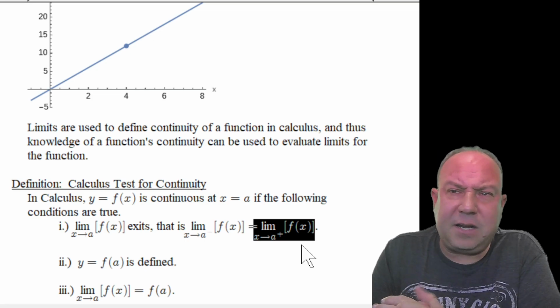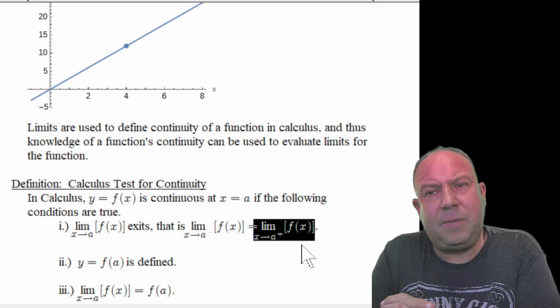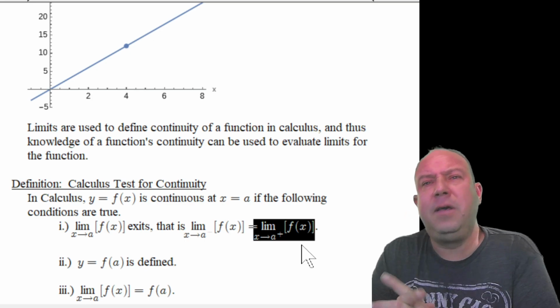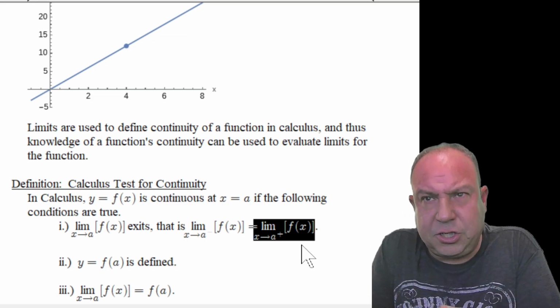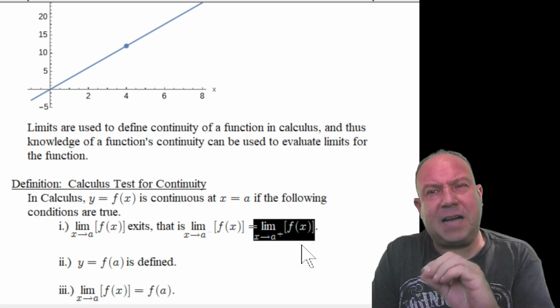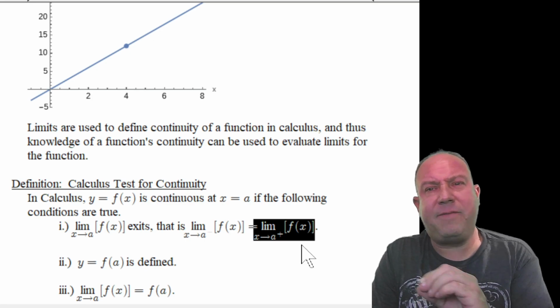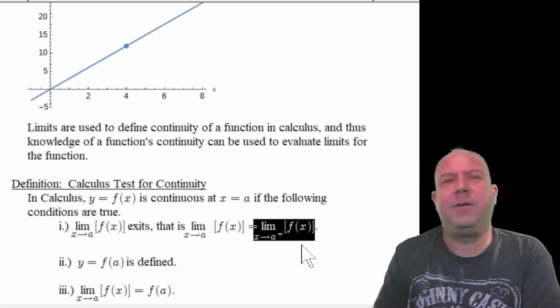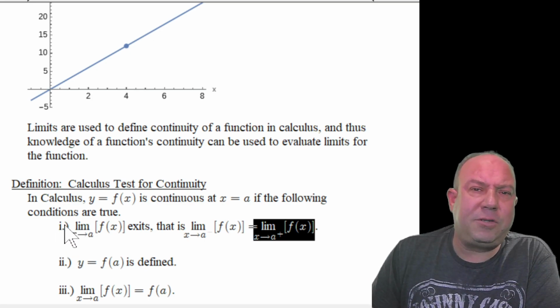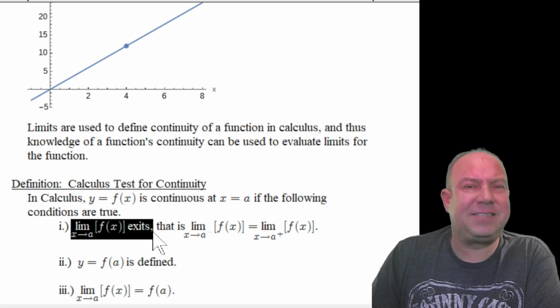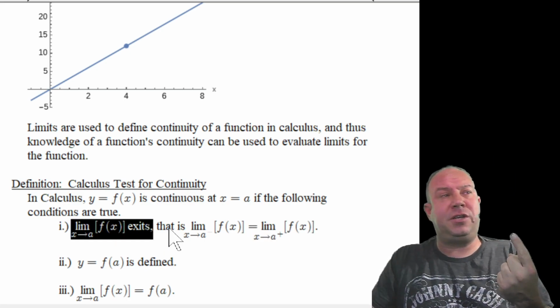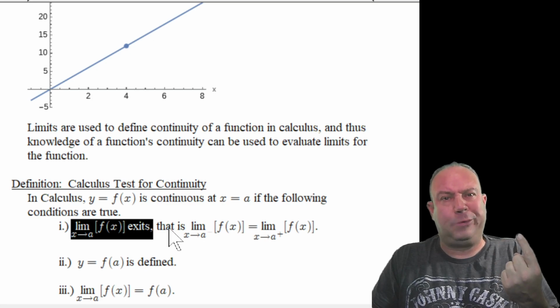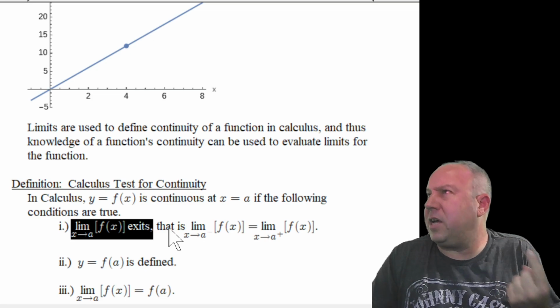So if the left-hand approach and the right-hand approach at x equal to a are equal to each other, then the limit for the two-sided approach must exist. That is the first condition that has to be true in what we call our test for continuity.